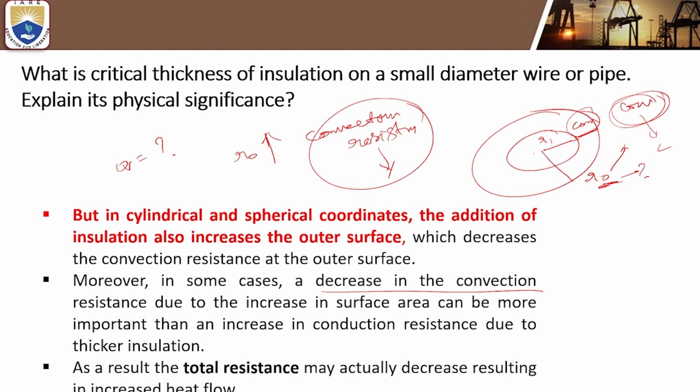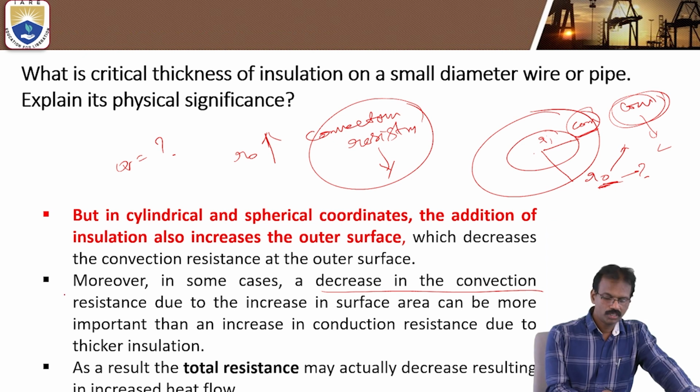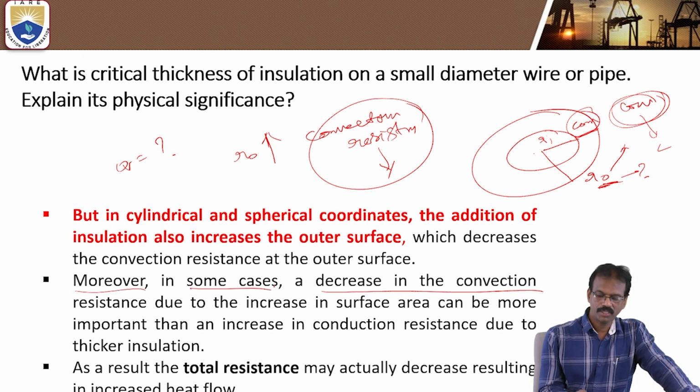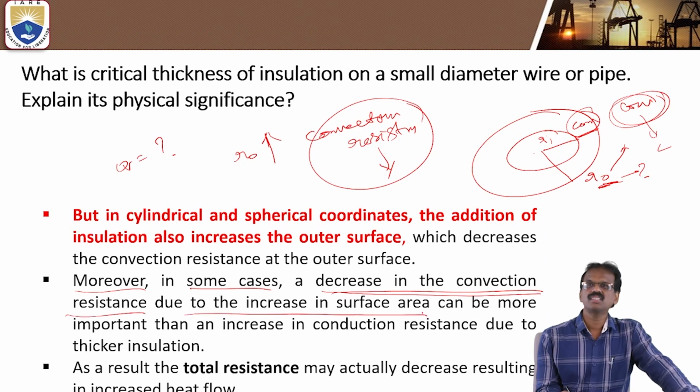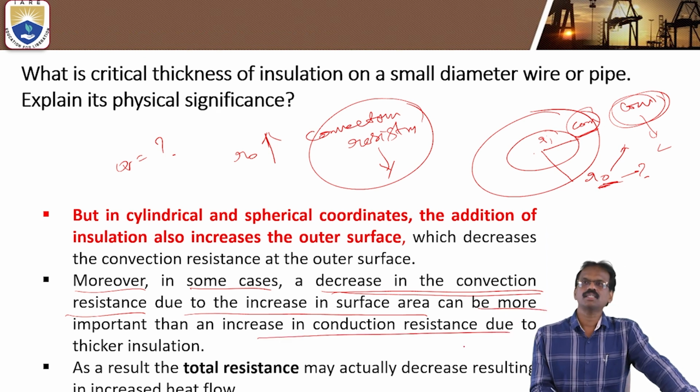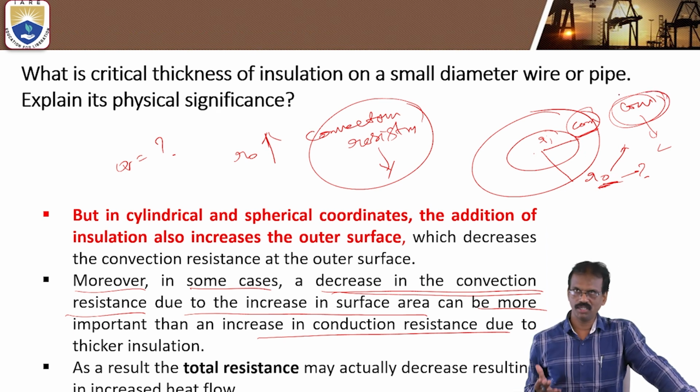We will see mathematically what is the reason behind this, and what the theory is here. Moreover, in some cases, the decrease in the convection resistance due to the increase in the surface area, that is R0, can be more important than the increase in the conduction resistance. Here, conduction resistance is also there, convection resistance is also there, but the impact of convection resistance is very high compared to conduction resistance.